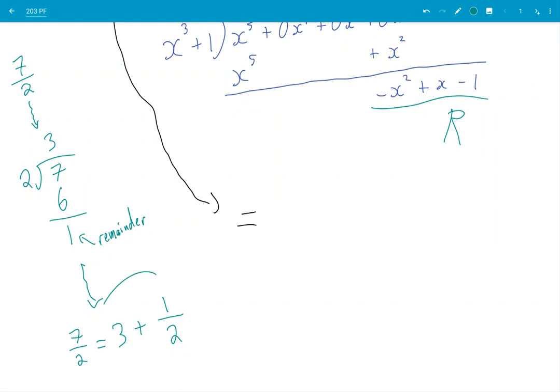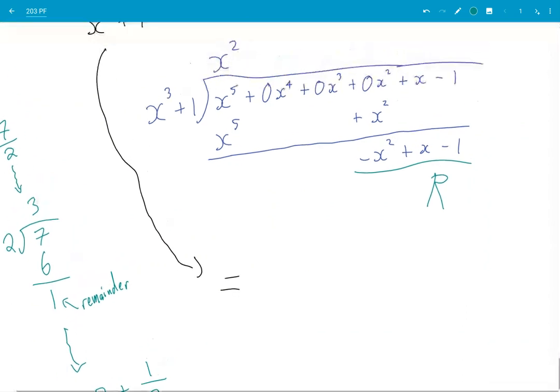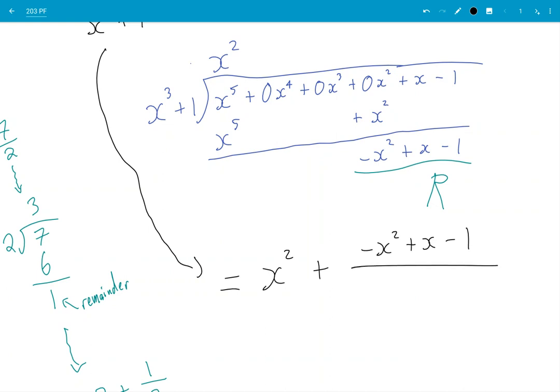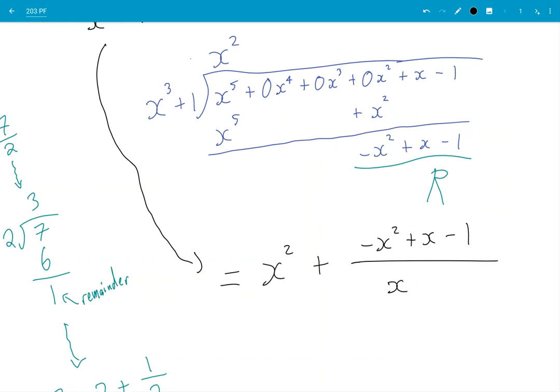Okay, so the 3, the 1, and the 2 here came from the work I did over here. I'll do the same thing with my blue stuff here. I'll say the quotient is the x squared plus the remainder minus x squared plus x minus 1 divided by the original denominator.